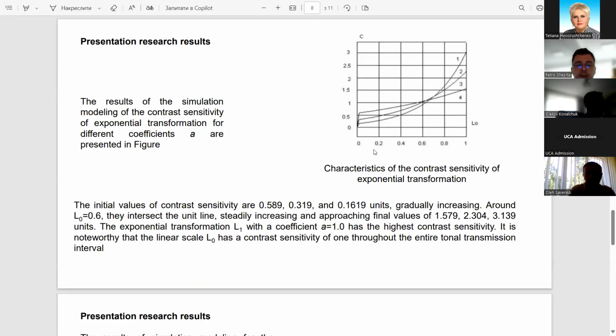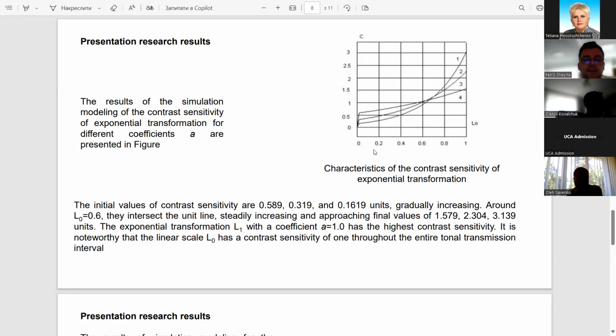And the results of the simulation modeling of the contrast sensitivity of the exponential transformation for the different coefficients alpha are presented in this figure. The initial values of contrast sensitivity are 0.589, 0.390, and 0.690 units, gradually increasing around 0.6.